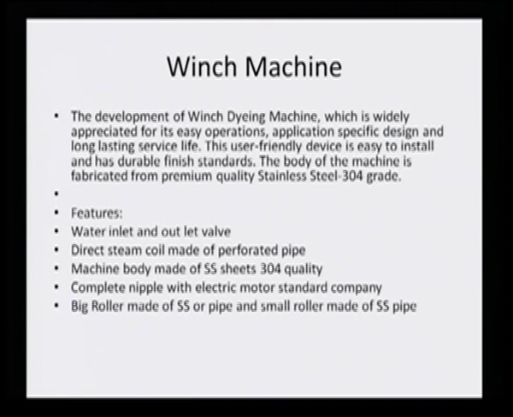Features of the winch machine are: water inlet and outlet valves are present, direct steam coil made of perforated pipe, machine body made of stainless steel sheet of 304 quality, complete nipple with electric motor of a standard company, big roller made of stainless steel or pipe, and small roller made of stainless steel ply. So, there are two rollers on which the fabric is rolled, and every time it dips into the dyeing solution.